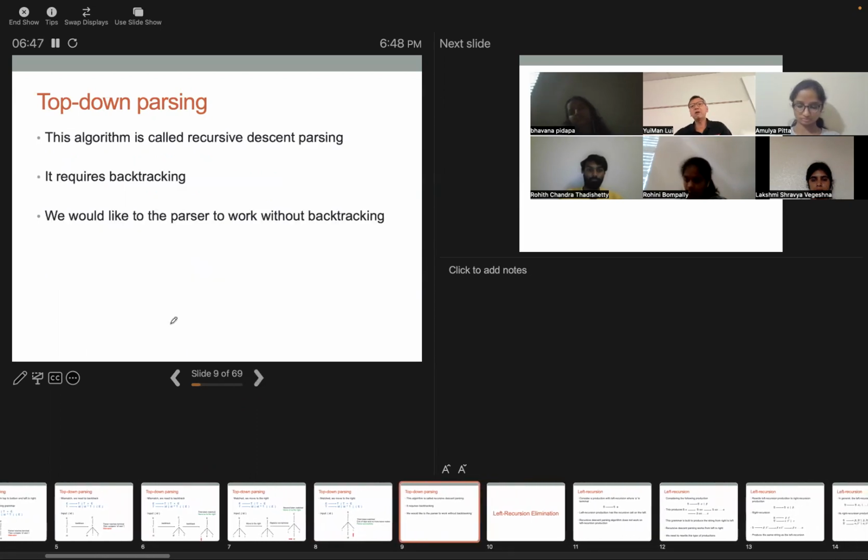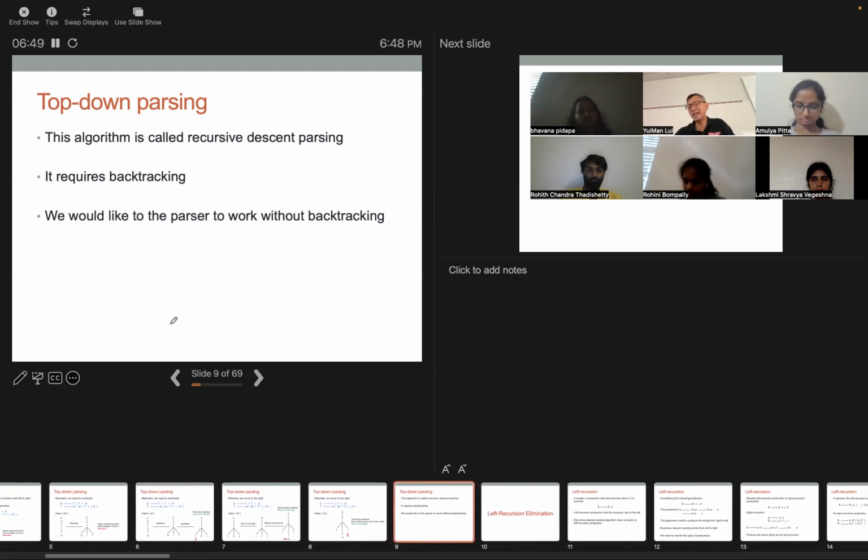This algorithm is called recursive descent parsing. As you've seen, it requires backtracking. It doesn't know which one to pick, so I just pick the first one. If the first doesn't work, I have to backtrack to the production and choose the second one. If the second doesn't work, I backtrack to choose the third one, and so on.